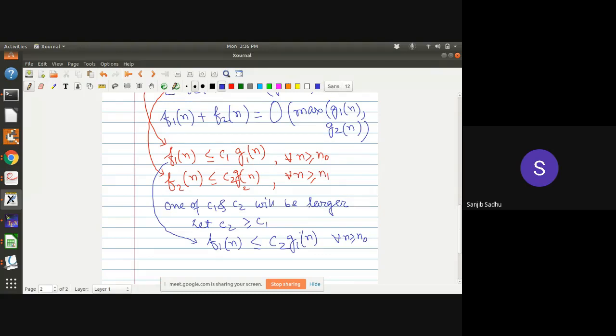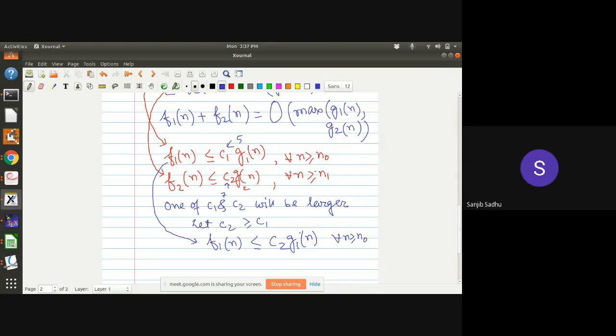If one function is less than or equal to a constant, say 5, into some function, and the other constant is 7, will it not be less than or equal to 7 into that function?